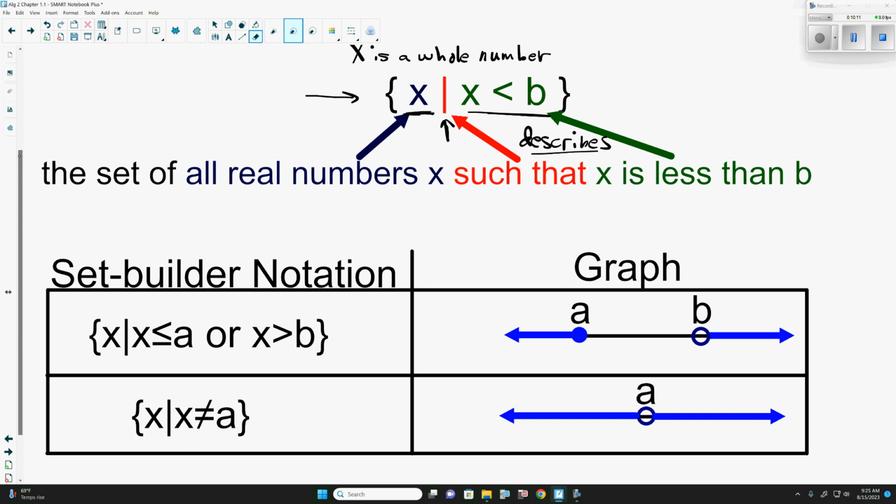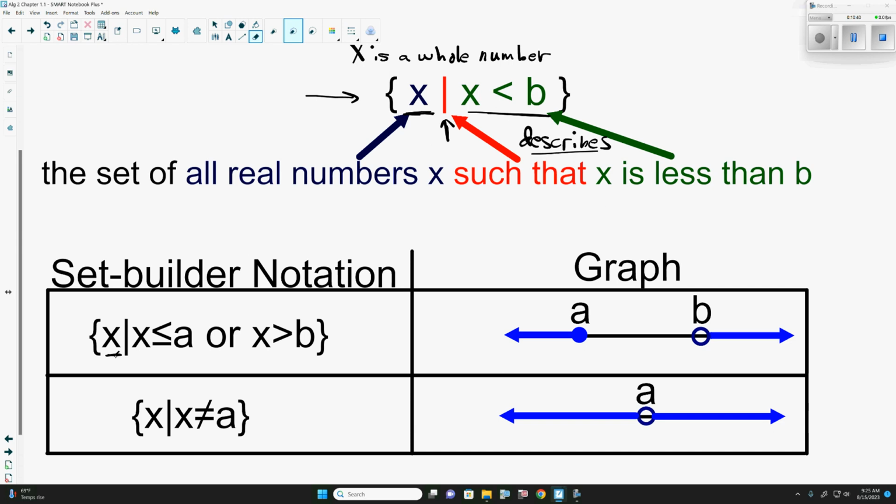And this here looks harder than it is. Because once we start looking at some of these, they're going to make a little more sense. Especially the more we actually start doing these. Because we're going to start off with a brace, we're going to describe the numbers. What kind of numbers are we talking about? Whole, natural, integers. Such that, describe what type we have. So the first one here is for all real numbers x.